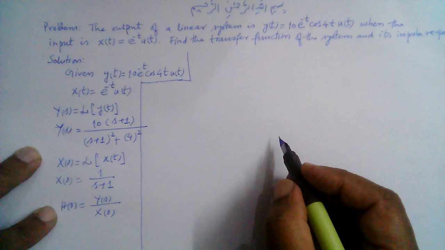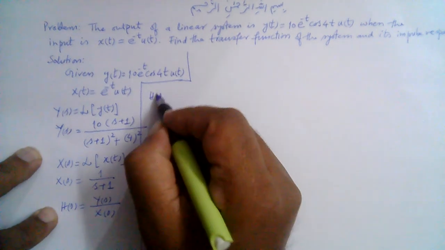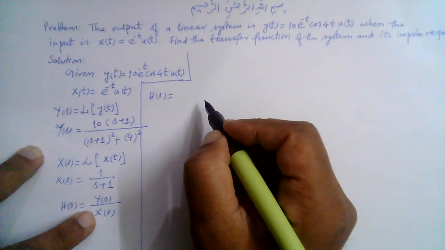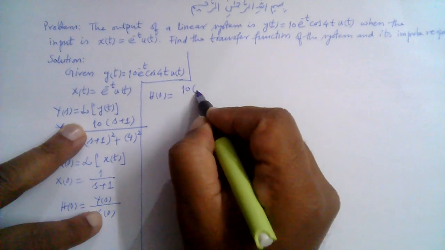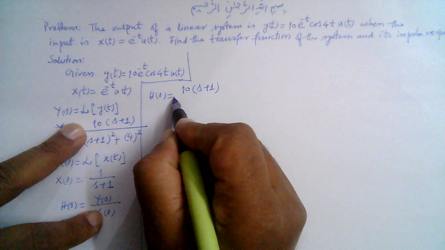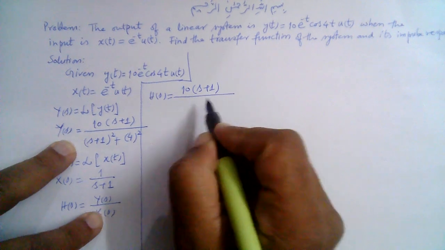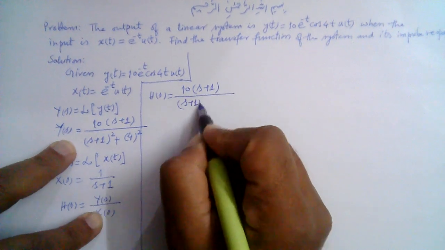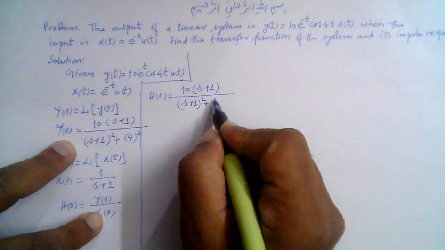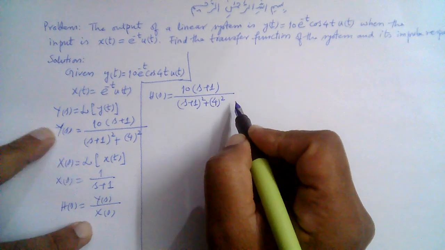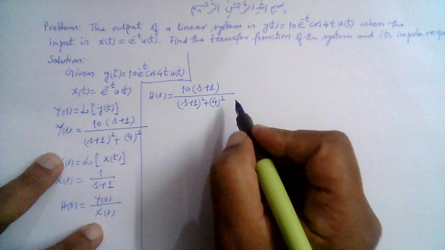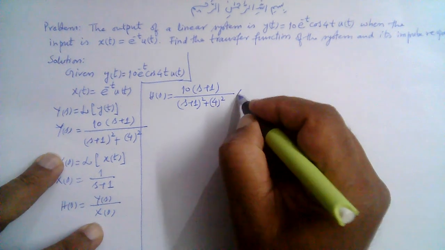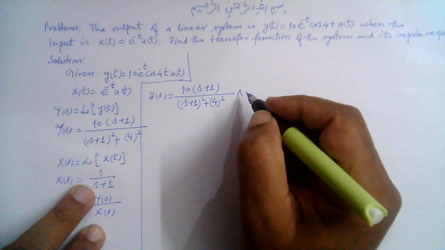So we put in the values for y of s and x of s. So y of s was 10 into s plus 1 divided by s plus 1 squared plus 4 squared, and this is divided by x of s, right? So that is 1 over s plus 1.